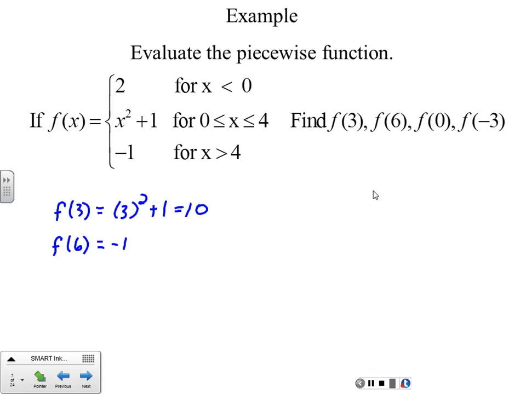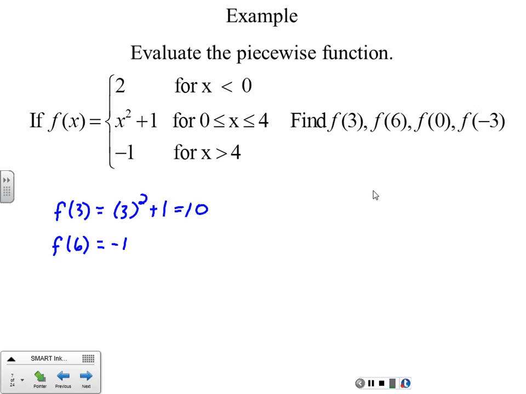This is a horizontal line. Because what's going on is this. No matter what number I plug in as an x, I'm going to get negative 1 out. I don't have a choice. There is no variable. So if I plug in 6, I'm going to get negative 1 out.